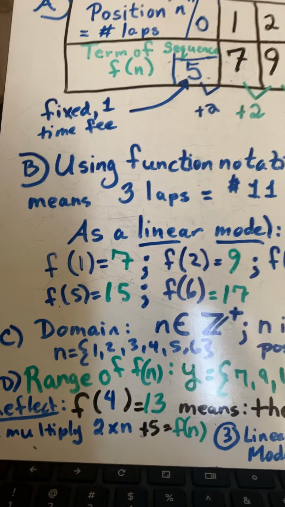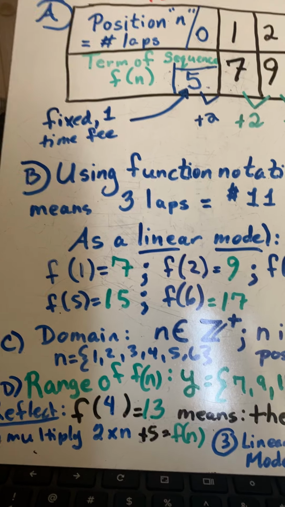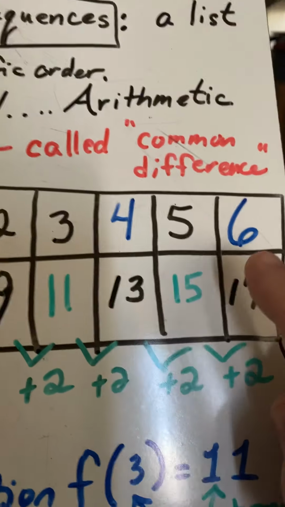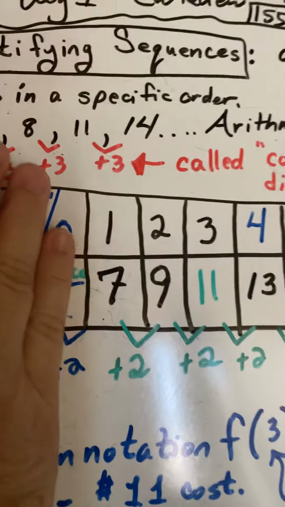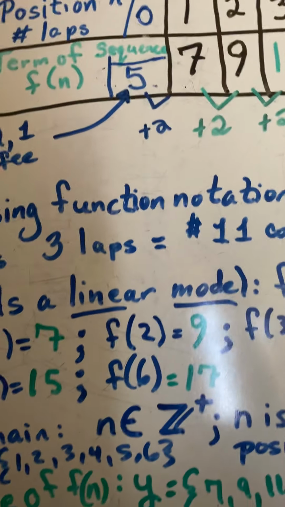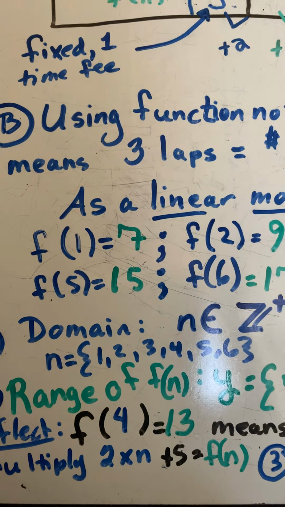Okay, in this specific example, the domain would be our x values or our n values. And so if we go back up, what are our n values? 1, 2, 3, 4, 5, 6. Remember, this 0 is not there. We added that in order to give us a linear model. Okay, what is the range of f of n?